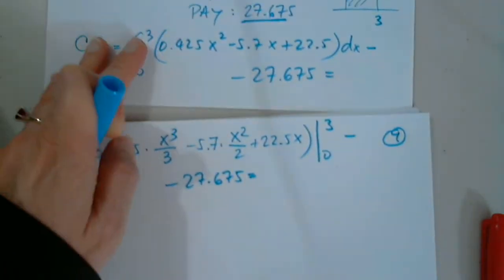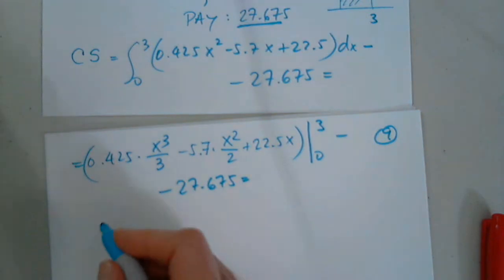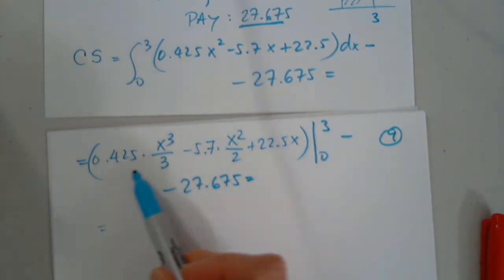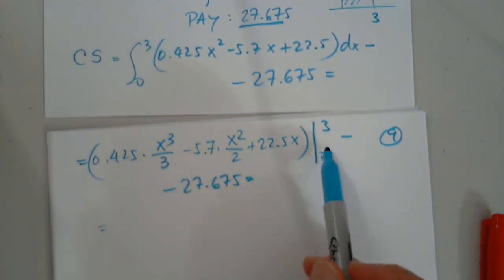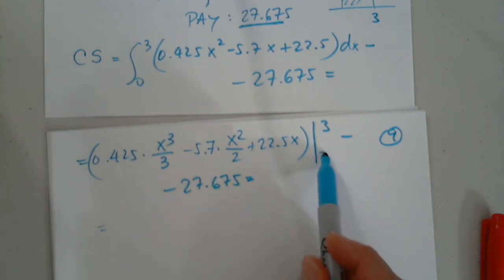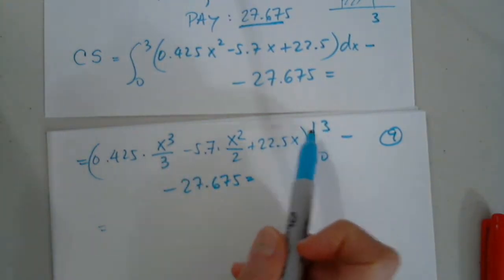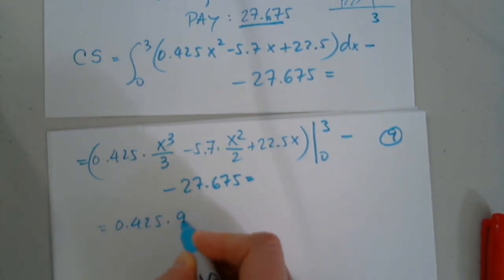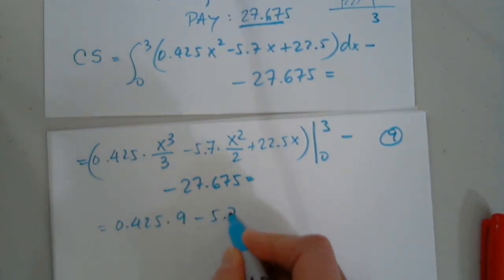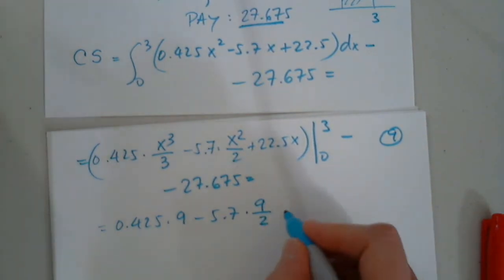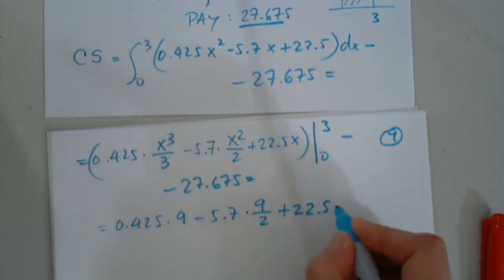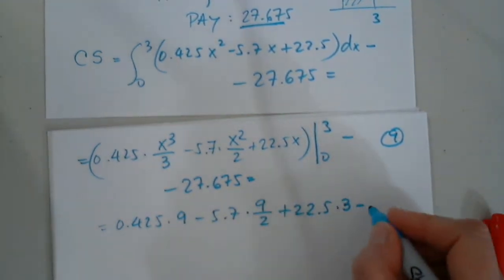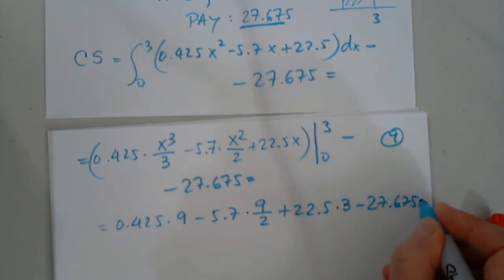Okay. So next. Luckily, I only have to plug in 3, not 0, because when I plug in 0, everything is 0. So 27 divided by 3 is 9, so 0.425 times 9 minus 5.7 times 9 divided by 2 plus 22.5 times 3 minus 27.675.